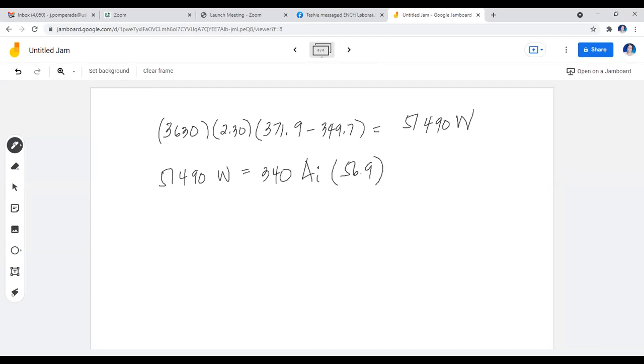This is from equation 1. So in here, you'll be able to get the area, the inner area or the inside area of the pipe.